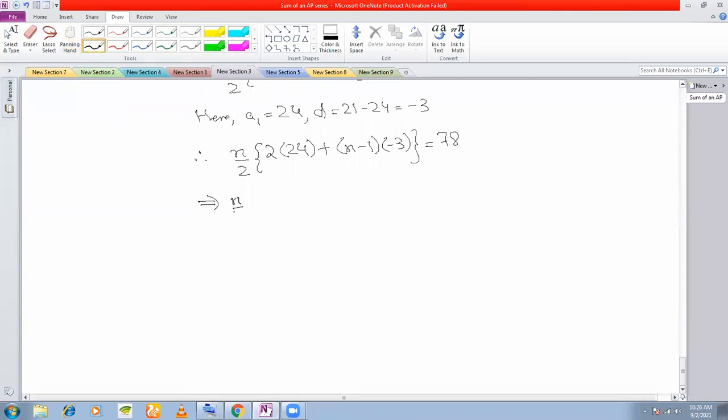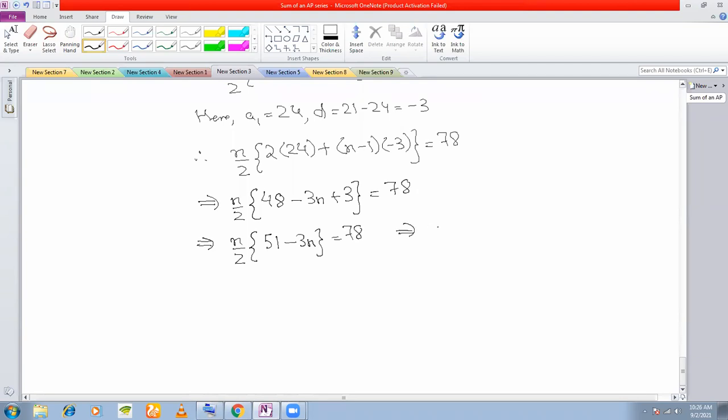That means n by 2, 48 minus 3 times 3n plus 3 is equal to 78. That means n by 2, 51 minus 3n is equal to 78.